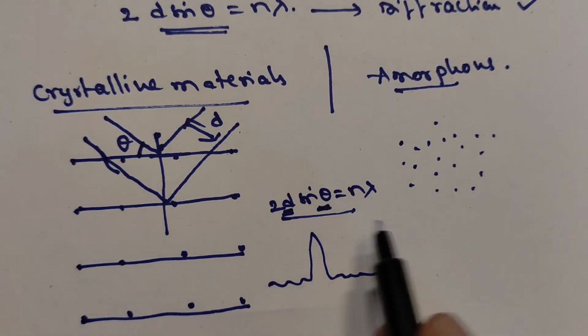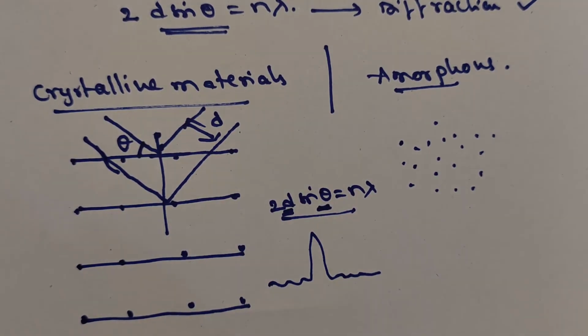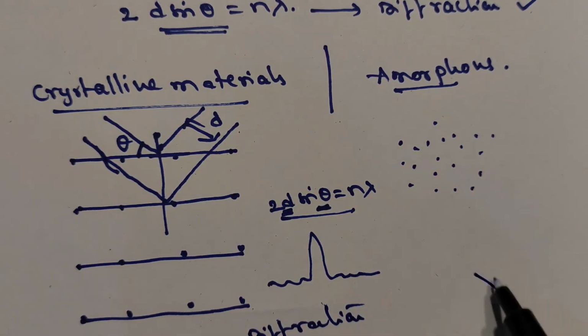Based on this information, the XRD diffraction pattern is possible for crystalline materials, but it is impossible for amorphous materials. There is no sharp diffraction pattern in the case of amorphous materials.